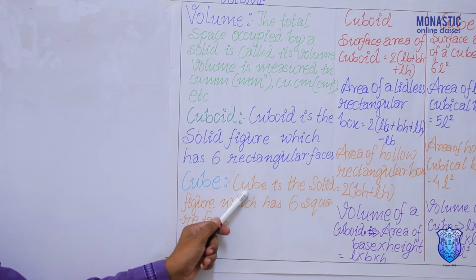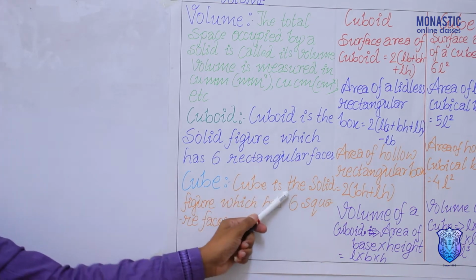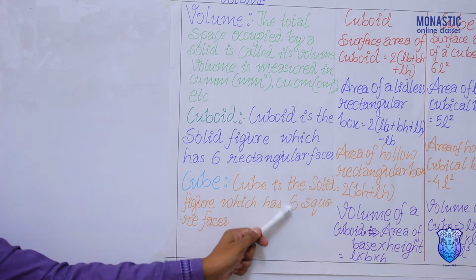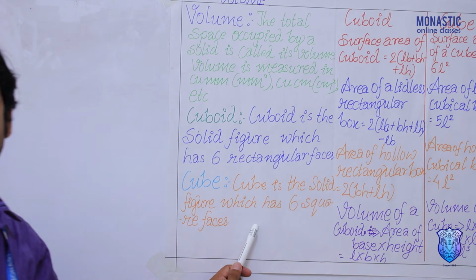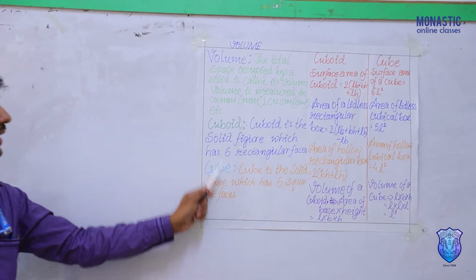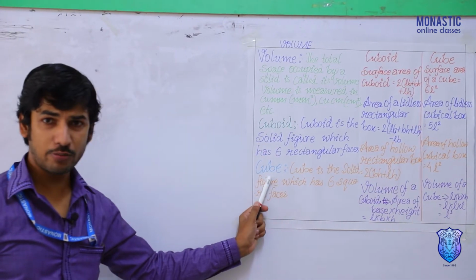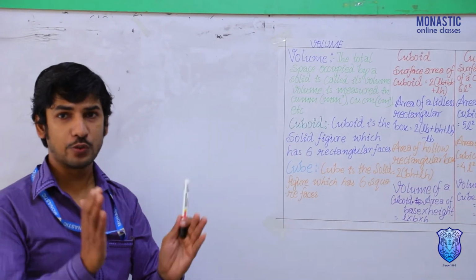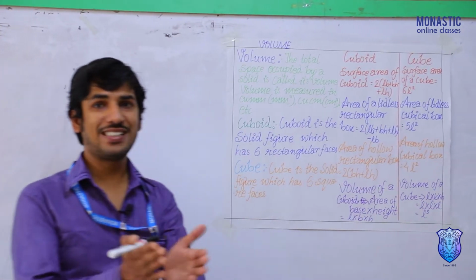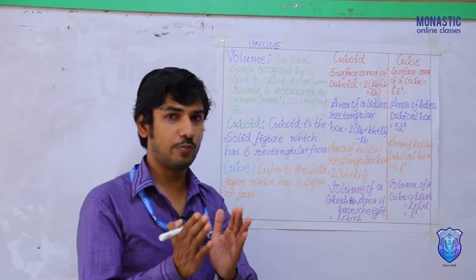Second one is cube. So what is cube? A cube is a solid figure which has 6 square faces, for example a dice. On the topic of cuboid and cube, we have to know how to find total surface area and how to find volume.